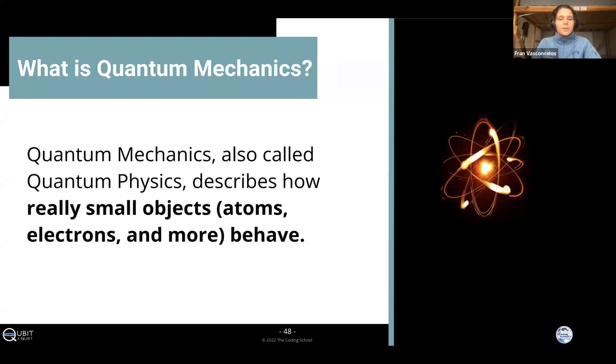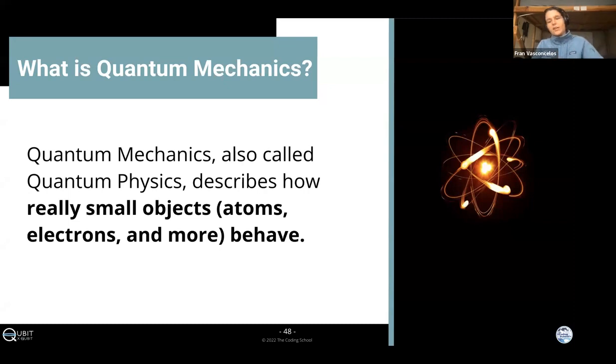For those of you who aren't familiar, quantum mechanics, which also is sometimes known as quantum physics, describes how really small objects behave. And when I say really small objects, I mean things like atoms, electrons that you hopefully have already maybe seen or heard of in a chemistry type context. These are really the smallest units we know of, dating back to the ancient Greek notion of atom being the smallest fundamental element.